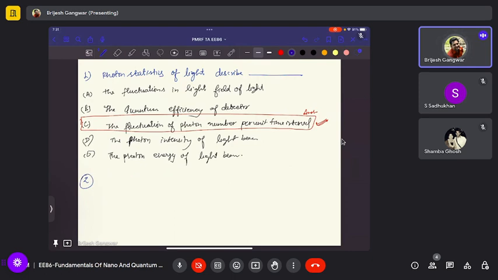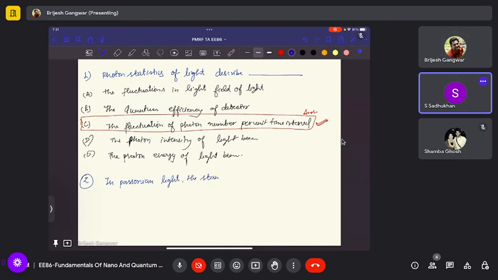Similarly, the second question: in Poissonian light, the standard deviation of photon number around a mean value is given by? It is square root of n bar. Square root of n bar.